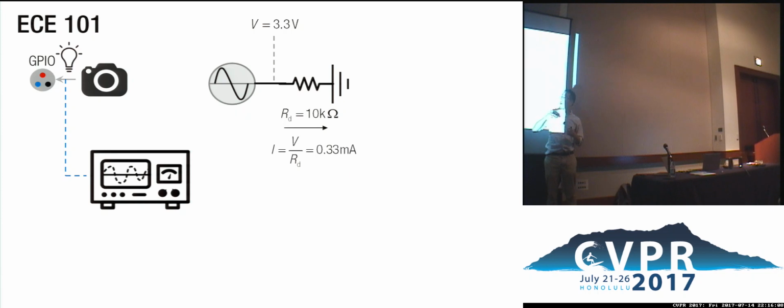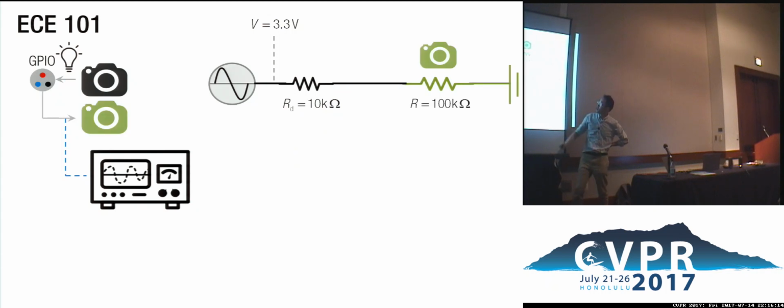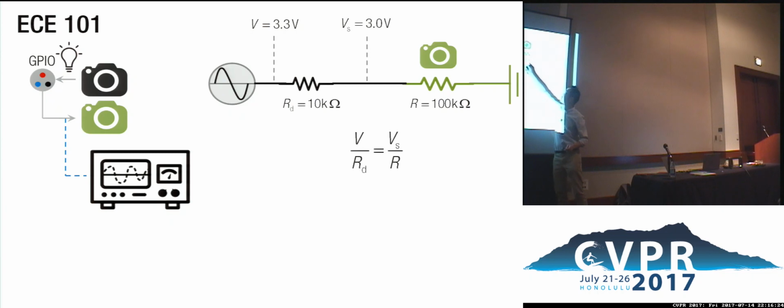If we add a slave camera here, which translates to an electrical resistance, then due to the serial connection, the voltage here drops a little bit due to Ohm's law.